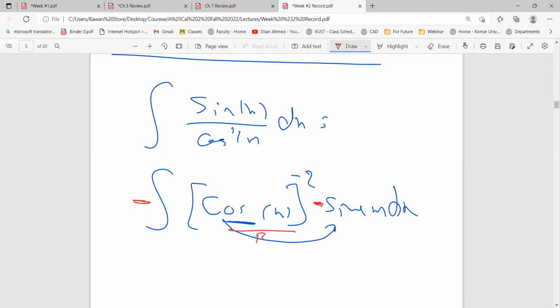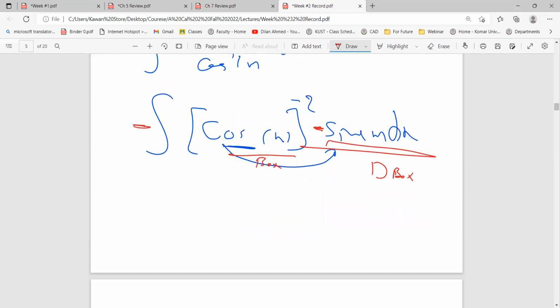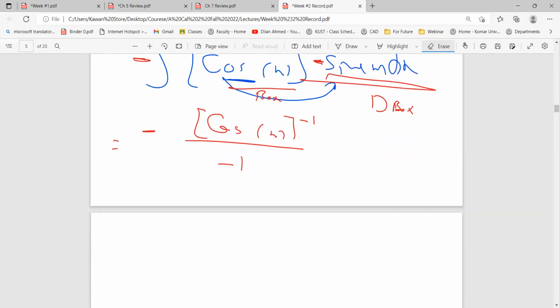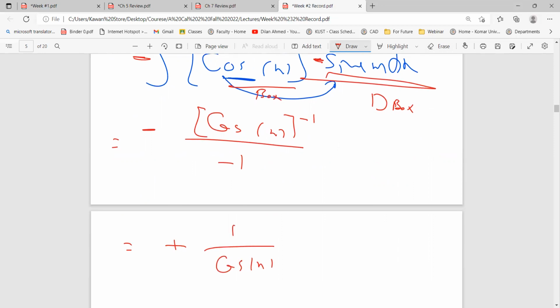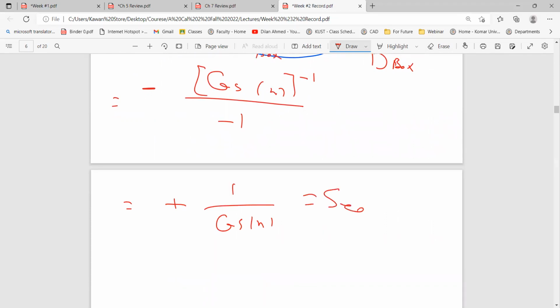Now box to the power, d box, u du. We have that minus. This is not inverse actually, this is power. Then minus by minus will be plus, and that one will be 1 over cosine of x, which is equal to secant. Can you imagine? By the second method, you get the same.